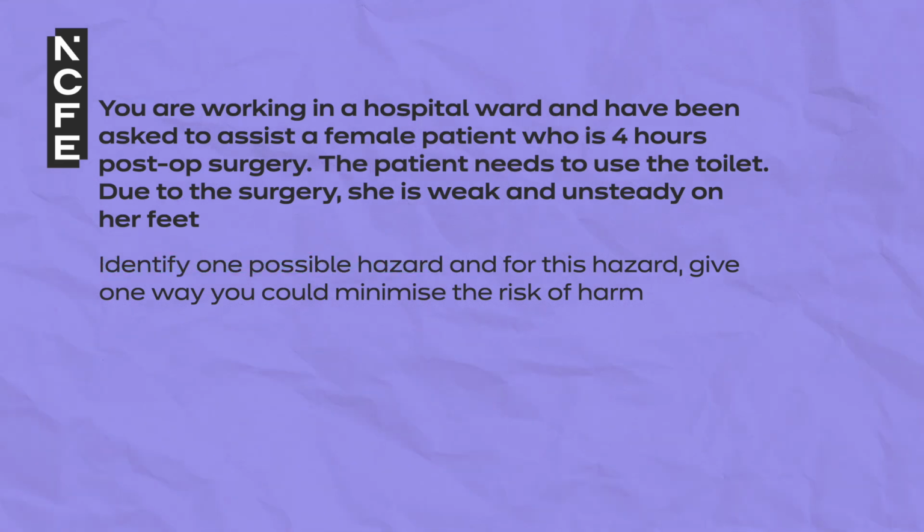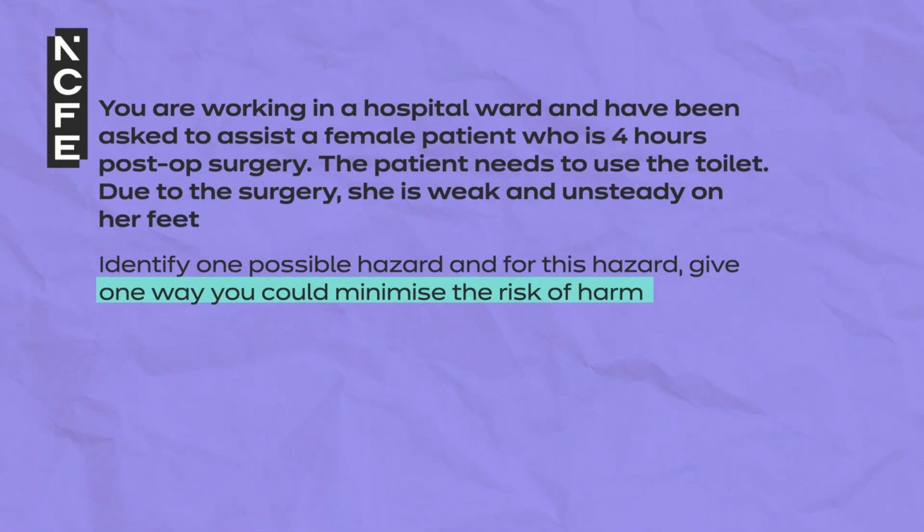The second part of the question, give one way of minimising the risk of harm, covers AO2, which requires students to apply their knowledge and understanding of contexts, concepts, theories and principles in healthcare to different situations and contexts. This is a 2-mark question with each of the parts of the question being awarded a mark for the correct answer. Let's look at some tips on how to answer the question.